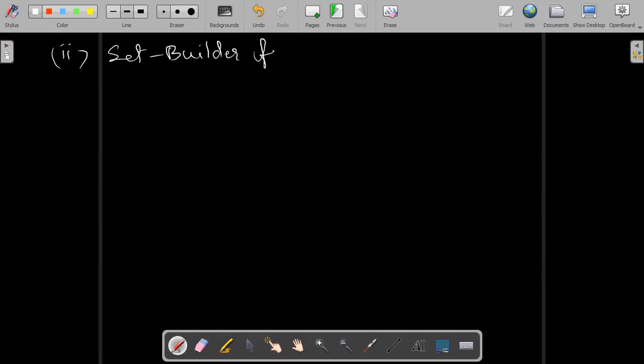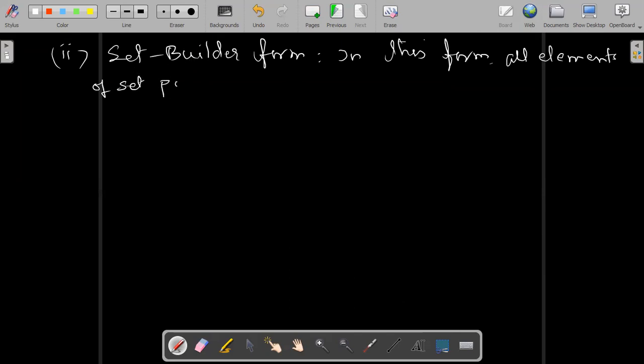In the set builder form, all elements of the set possess a single property. All will have one property, that is compulsory.